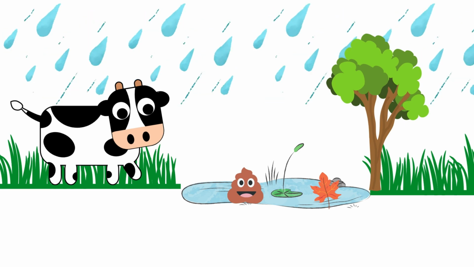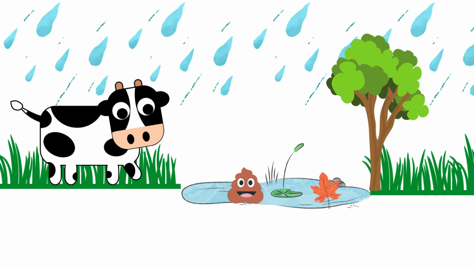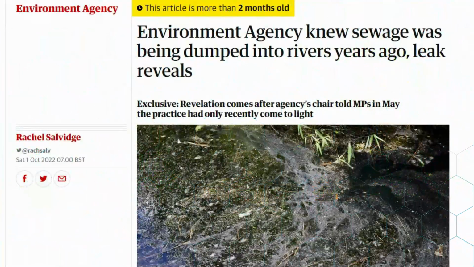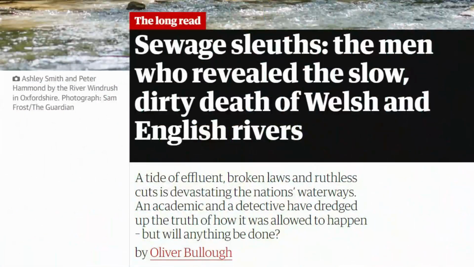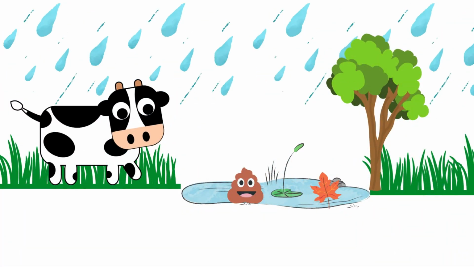If the fecal matter isn't properly dealt with, heavy rain can wash this into streams, rivers or pools. And don't even get me started on the illegal dumping of raw sewage by UK water companies. For example, the Environment Agency found that 7 water firms oversaw an increase in serious incidents last year compared with 2020, with the highest rate of serious incidents since 2013.